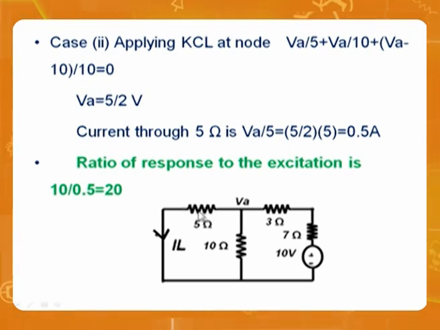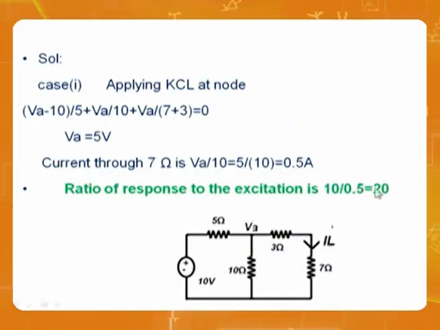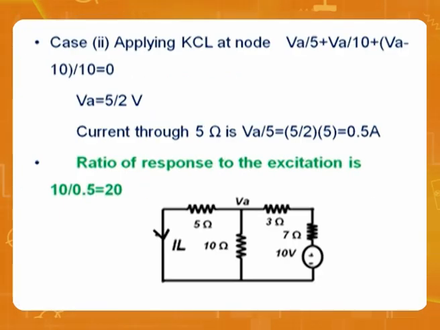Current in this 5 ohms is 5 by 2 by 5. Current is 0.5. So what is the ratio of response to excitation now? 10 by 0.5 is equal to 20. So please observe, whether this way or that way, you got the same ratio. That's called reciprocity. Here you got 20, in the previous also you got 20. That's the beautiful idea called reciprocity.